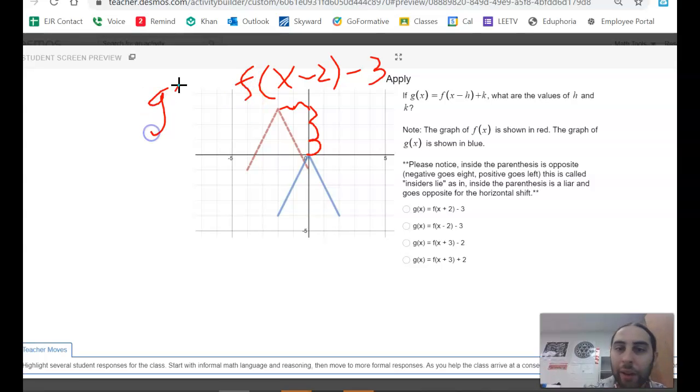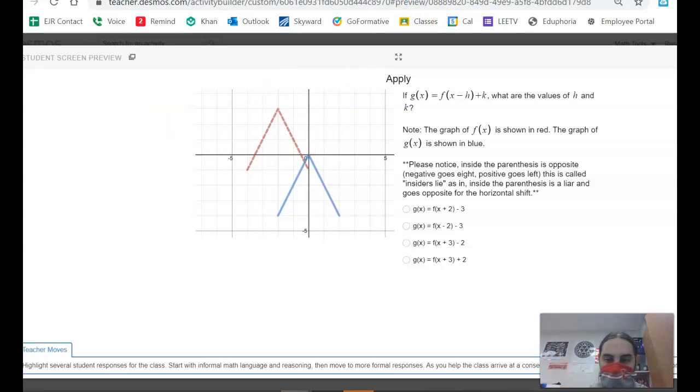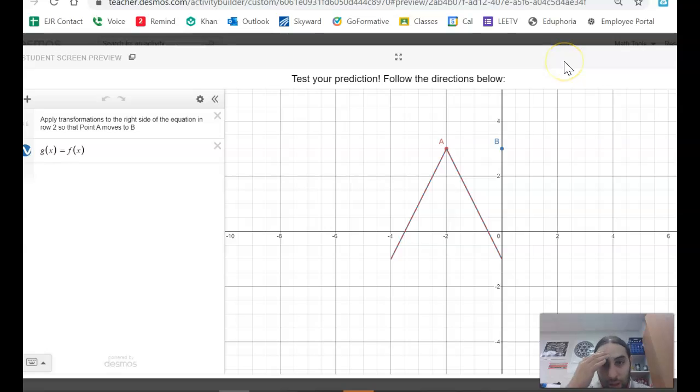So this g of x equals f of x minus 2 minus 3, which would be right there, right? So let me erase this. 1 second. So -2 minus 3.